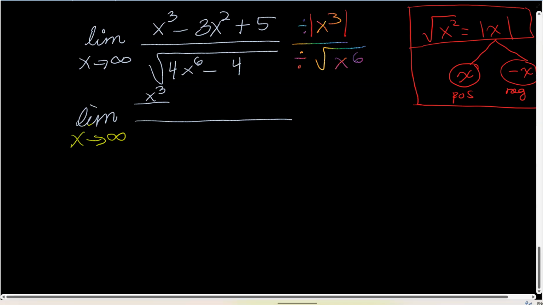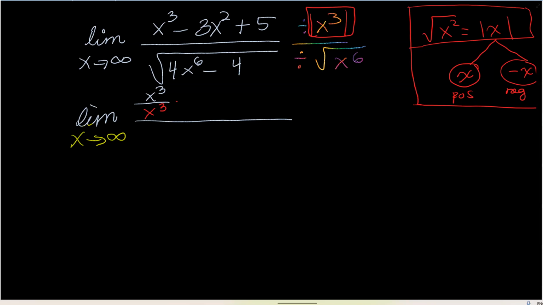How do we know that x is a positive number? Well, because x is approaching positive infinity, a big positive number. So right here, the absolute value of x to the third would be itself, which is x to the third.